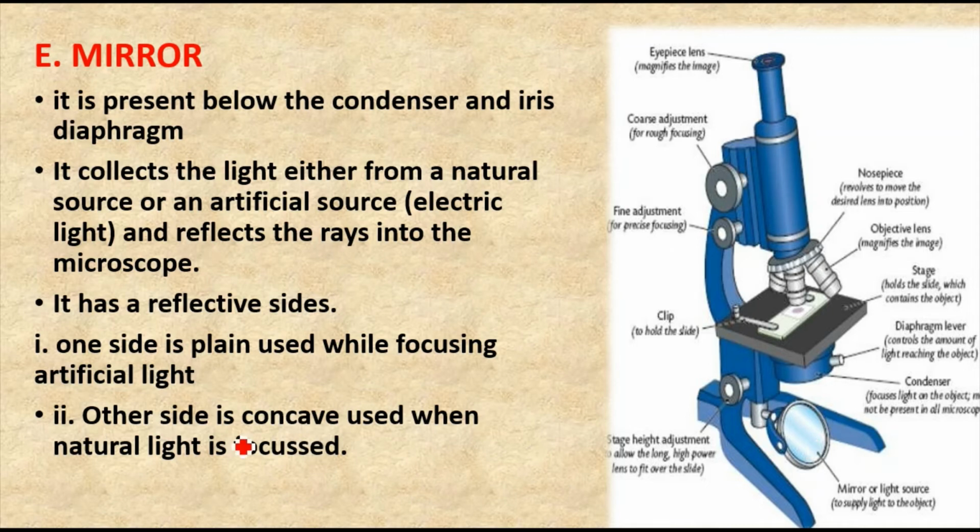One side is plain, used while focusing artificial light, and the other side is concave, used when natural light is being focused. So depending upon the light we are using, we have two reflective sides. That's why the mirror used in the microscope is called a plano-concave mirror.